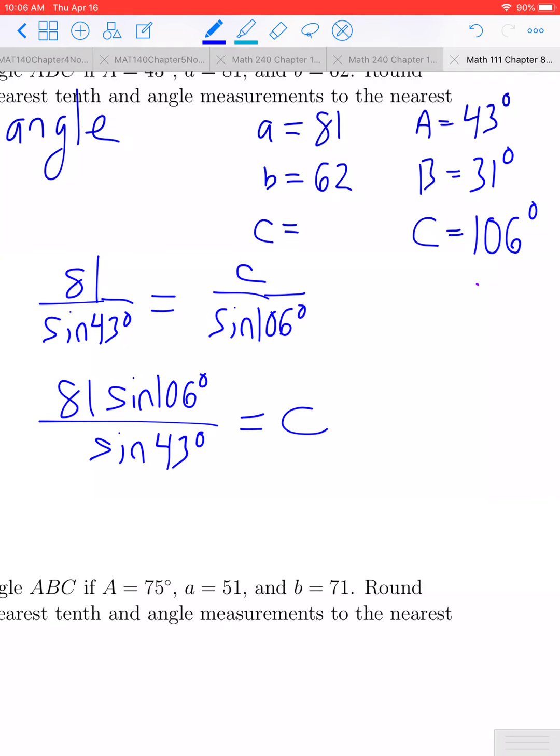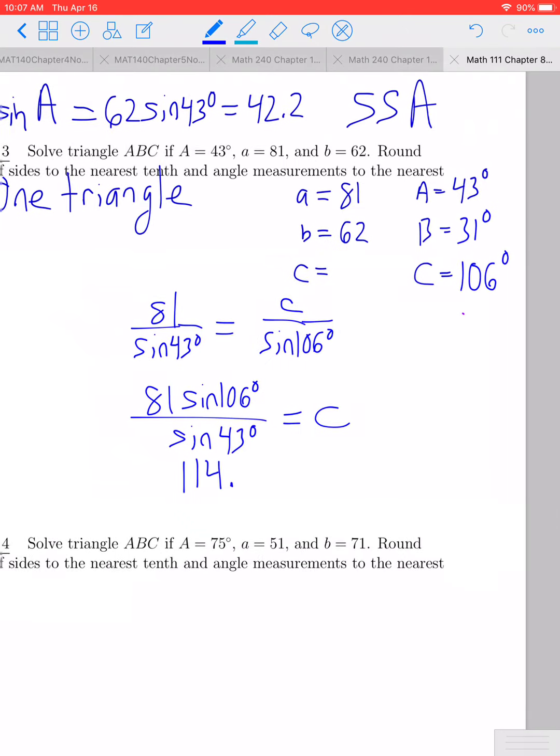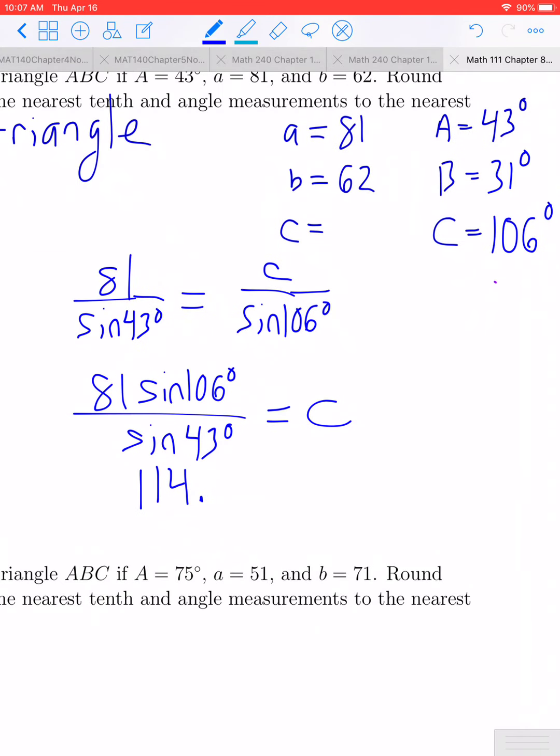And this will tell us that c is equal to 81 times sine of 106 degrees divided by the sine of 43 degrees. If we plug that into our calculator, that will produce a side c which is about 114 point, to the nearest tenth, it would be 0.2. So the length of side c is 114.2.